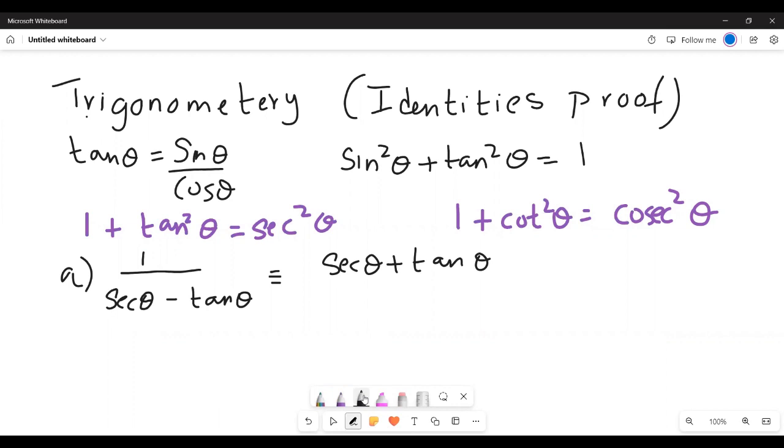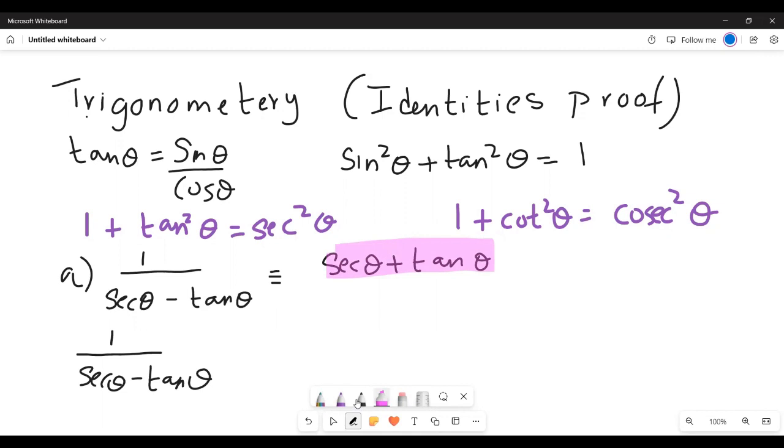All right, so let's start. I'm going to start with the left-hand side and show that it's equal to the right-hand side. So the original expression is 1 over secant theta minus tan theta. One way of doing this question is that here we just have a numerator. There's no denominator. And what is the numerator?